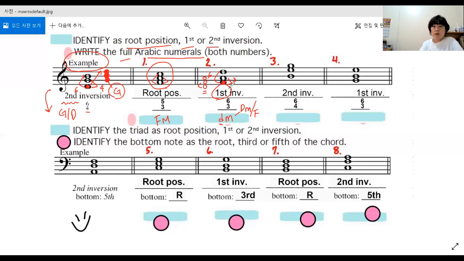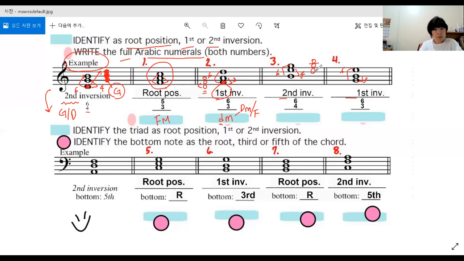Okay, move on. The first thing for you to do is just figure out the interval. This is 4, 6, which means second inversion. 3, 6, first inversion. For second inversion, in order for you to find the original position, let's do one more inversion, like that. I mean, your original position. What is this?